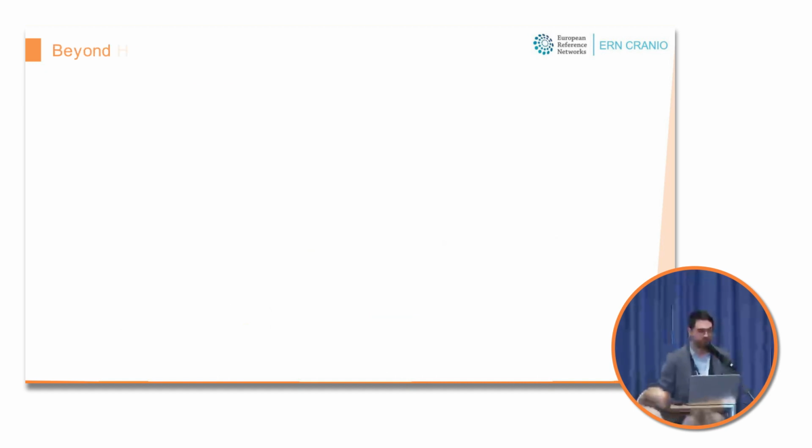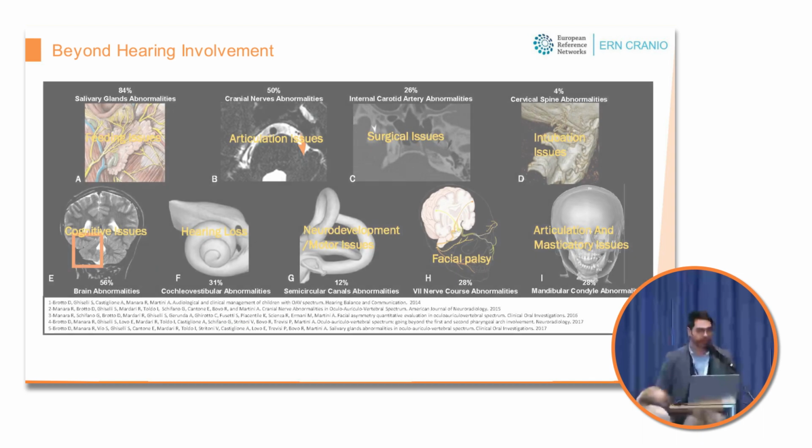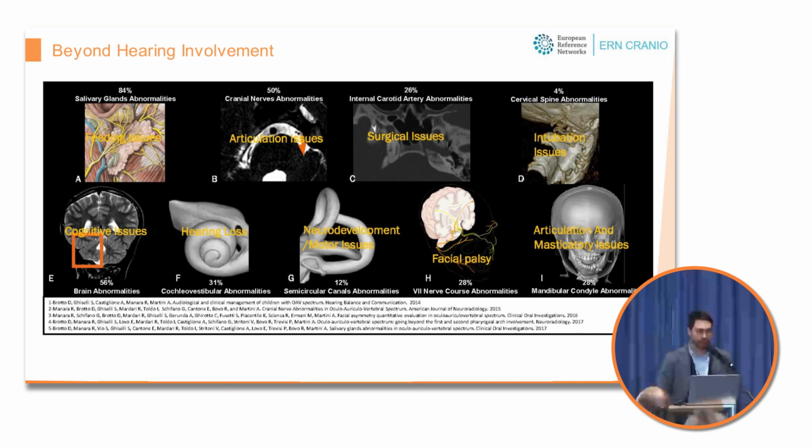And going beyond the hearing involvement, we discovered that in patients with hearing problems, salivary gland abnormalities and mandibular condyle anomalies can also be present, and this can affect feeding, swallowing, and also the articulation of speech, as well as the malformation of the cranial nerves.